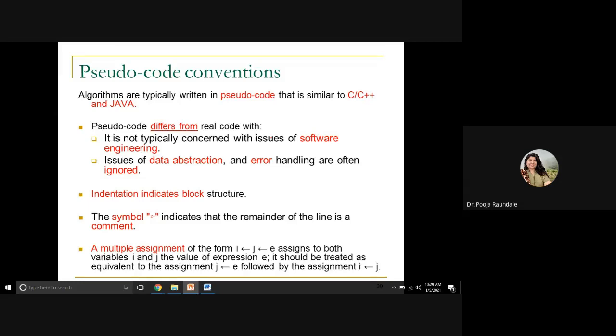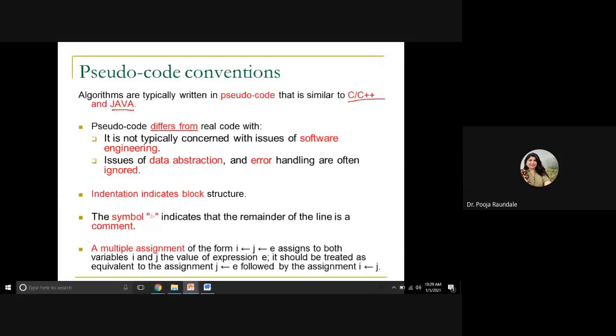Pseudocode conventions. Algorithms are typically written in pseudocode. Pseudocode is something in an algorithmic fashion, similar looking to C and C++ or maybe Java. But pseudocode is not the actual code, right?